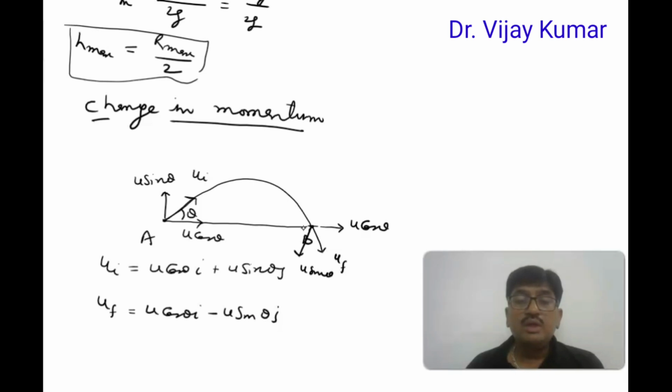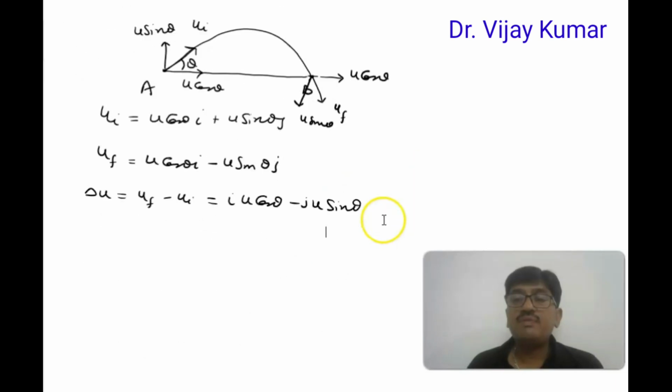So if we determine the change in velocity, it is uf minus ui. Uf means i u cos theta minus j u sin theta, minus u cos theta i minus u sin theta j.